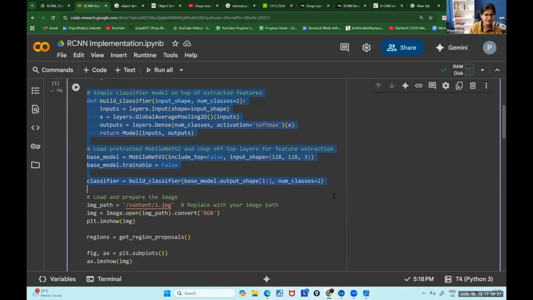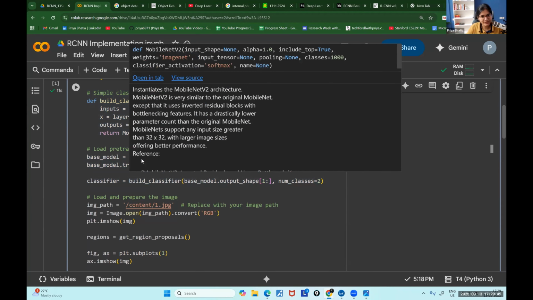Directly we can use them and this will help us to do our task. So rather than creating any CNN model from scratch, although we know how we can create it, I think you guys remember in the last session we discussed how to create a CNN-based model from scratch. Here we are using this MobileNet V2. It's a pre-trained model, which is based on the CNN architecture only.